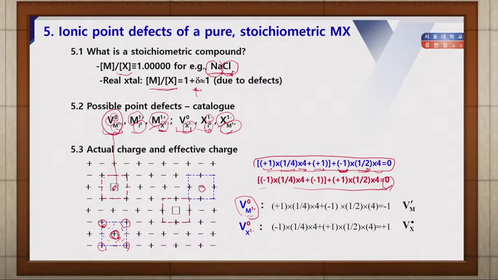Now there are 1, 2, 3, 4 cations, right? And each one makes a contribution of 1/4 to this unit cell. So the total positive charge is just +1 here.